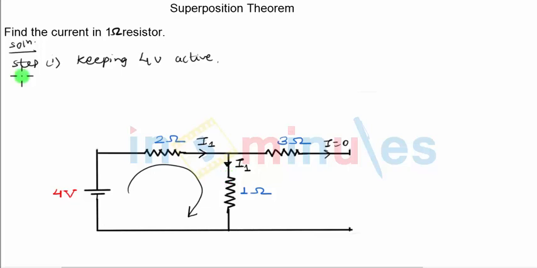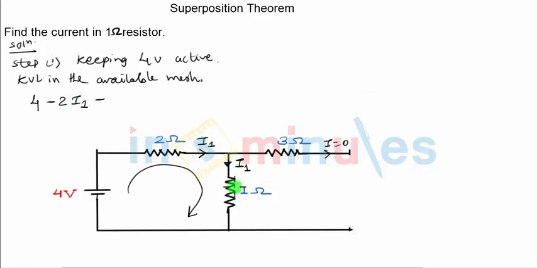If I simply apply KVL, whatever mesh we have, let us apply KVL in that mesh. I'm going to travel in clockwise direction. The first voltage will be +4 volts as I'm going from negative to positive terminal of the battery. The second drop will be across the 2 ohm resistance. I'm traveling in the direction of current, so the drop will be negative: minus 2 I1. The next drop will be across the 1 ohm resistance.